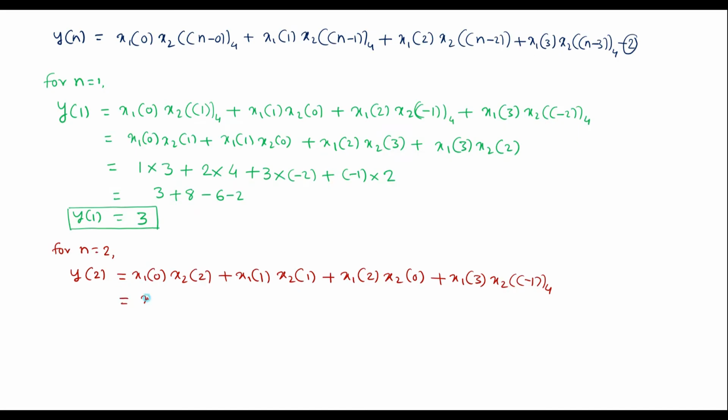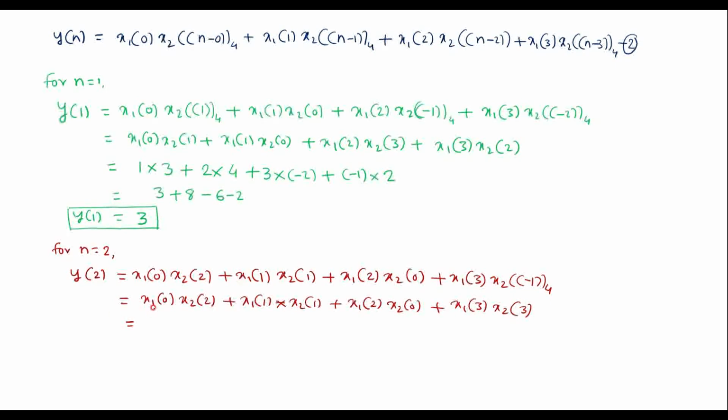Simplifying this further, x1 of 0, x2 of 2 plus x1 of 1 into x2 of 1 plus x1 of 2, x2 of 0 plus x1 of 3 into x2 of, here we have minus 1, so 4 minus 1 is 3.